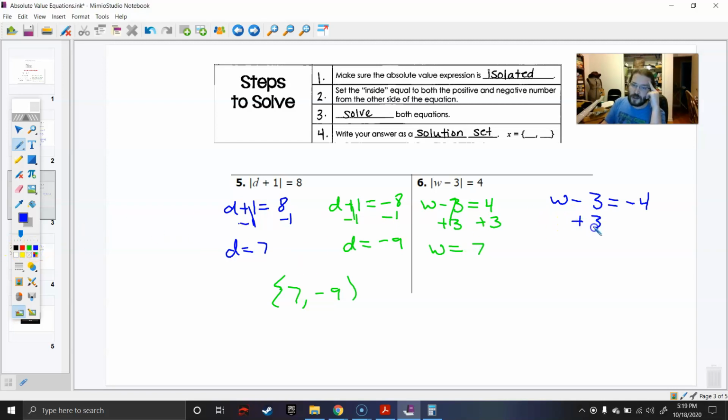Going to add 3 to this side. W is going to be equal to negative 4 plus positive 3, which is negative 1. All right. So in these types of ones, just make sure that you're separating them into two different equations, so you can solve.